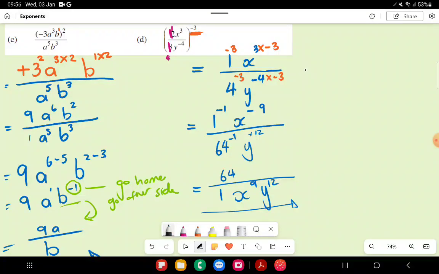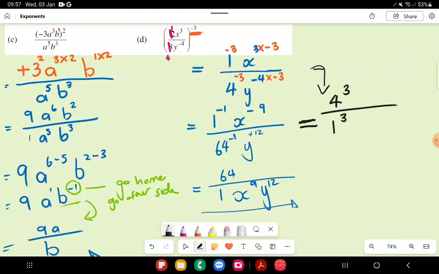At this point here, we could have gone from here and said, okay, let's go and say equals. Instead of working out the exponent first, I could have first swapped it. So I could have swapped it and I said this could have become 4 to the power of 3 over 1 to the power of 3.